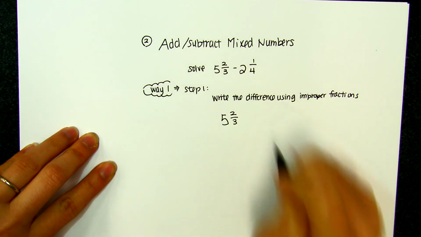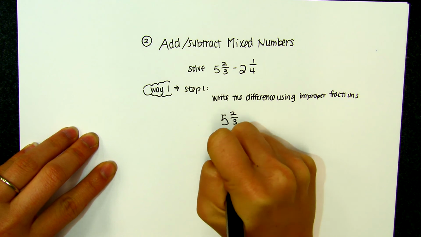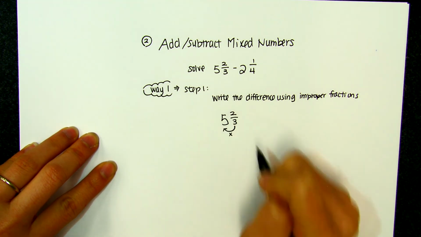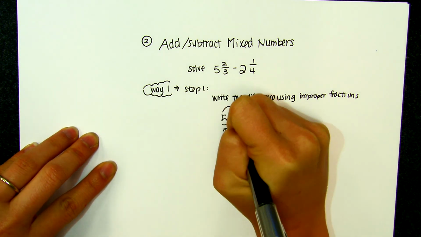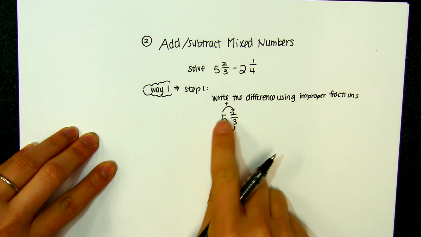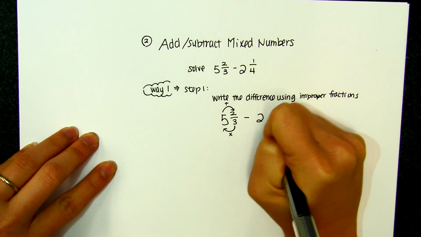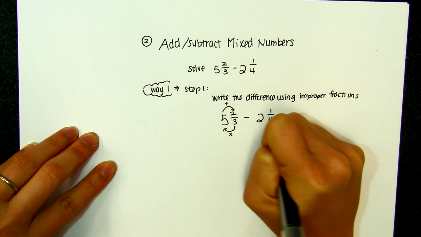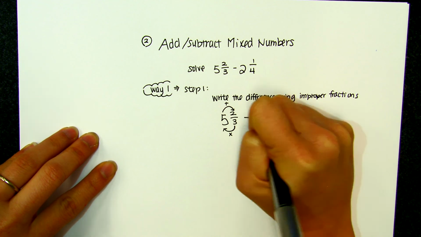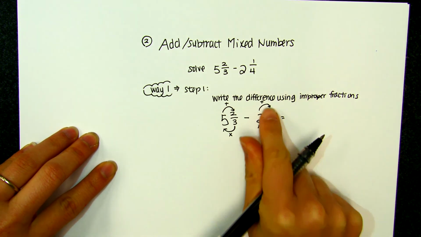How I do that is the denominator multiplied by the whole number, and then I add that to the numerator. So 3 times 5 plus 2. 2 and 1/4, same thing. Denominator multiplied by the whole number, and I add that to the numerator. So it'll be 4 times 2 plus 1.